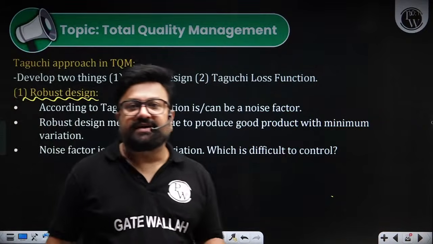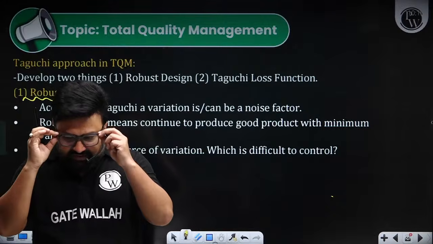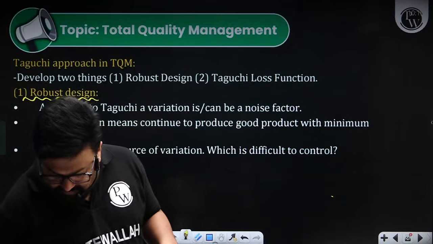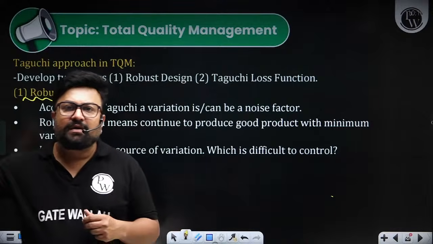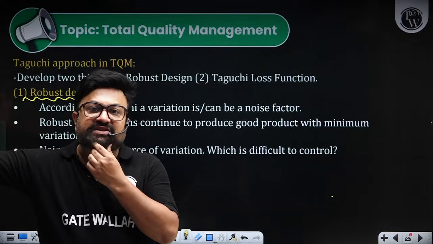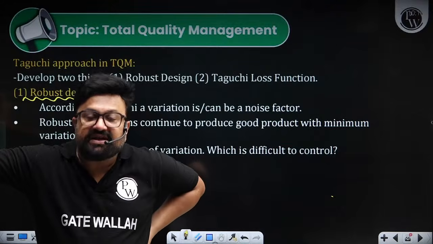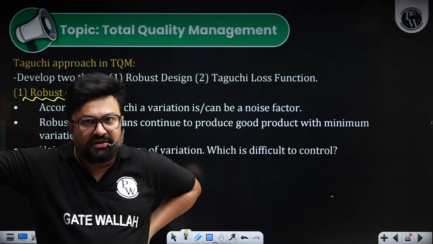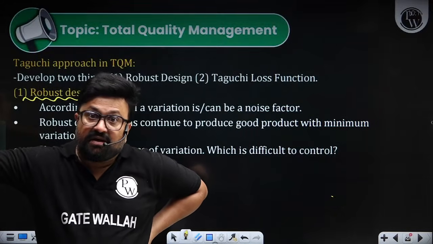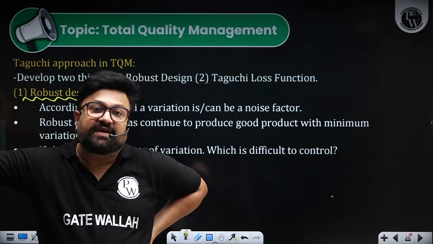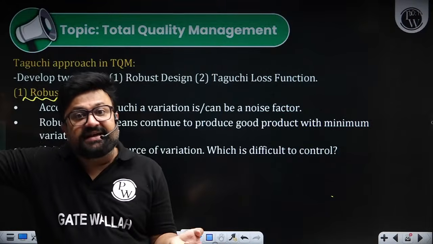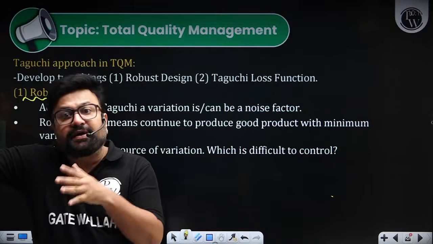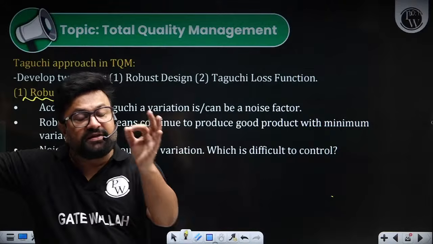According to Taguchi, variation can be a noise factor. Robust design means continuing to produce a good product with minimum variation.